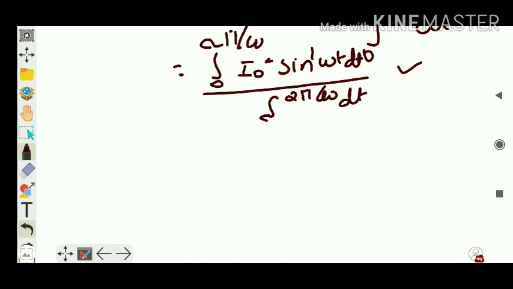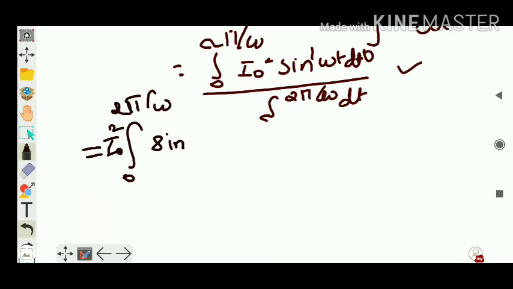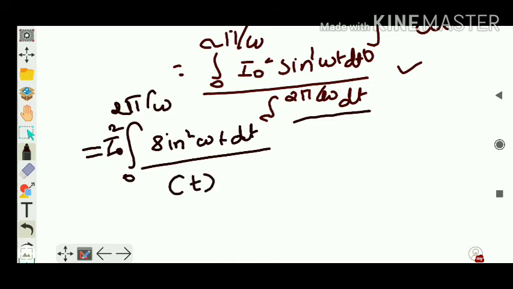I naught square is a constant, so I bring it outside. It will be sine squared omega t dt, whole divided by the integral of dt, which is t itself, with upper limit 2 pi by omega and lower limit 0.